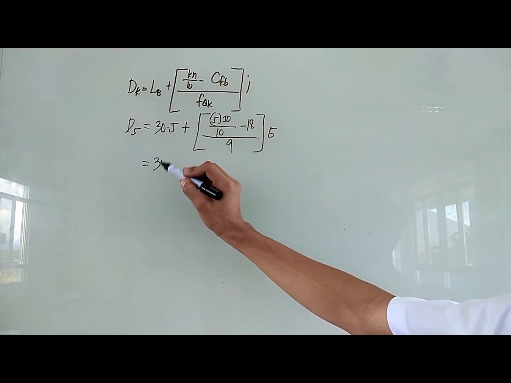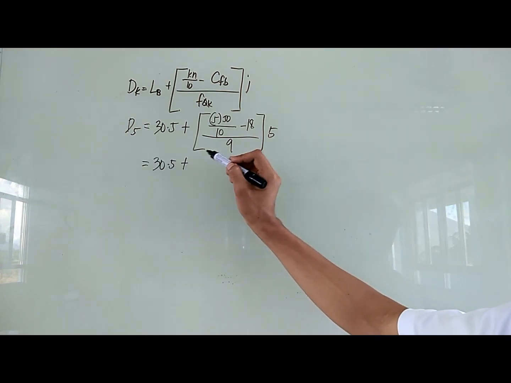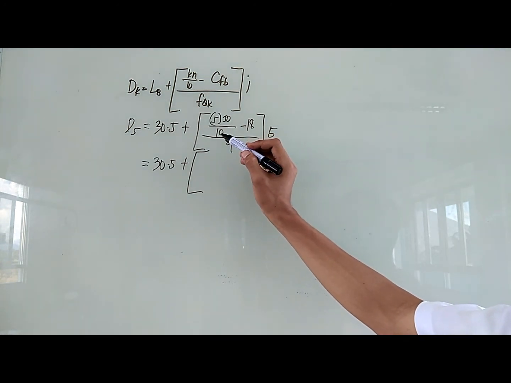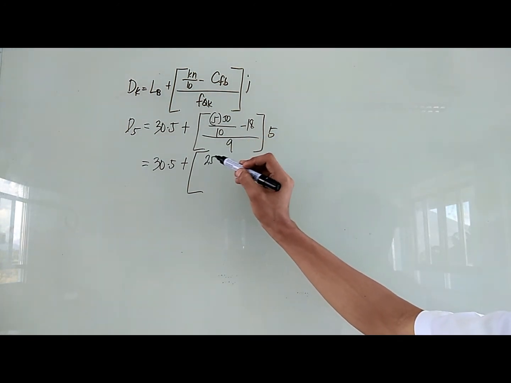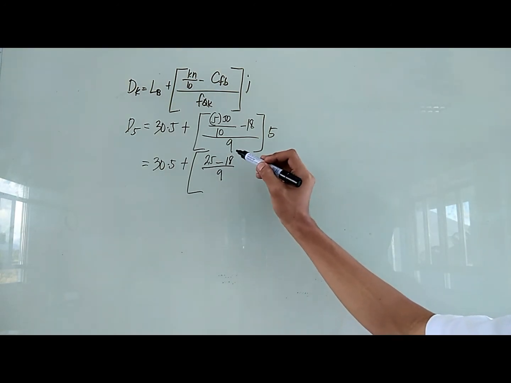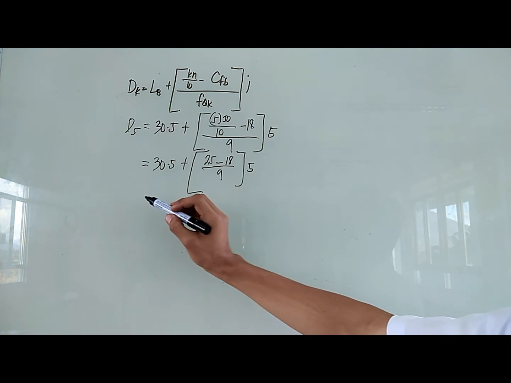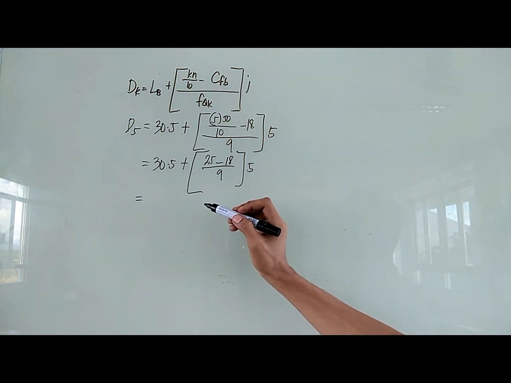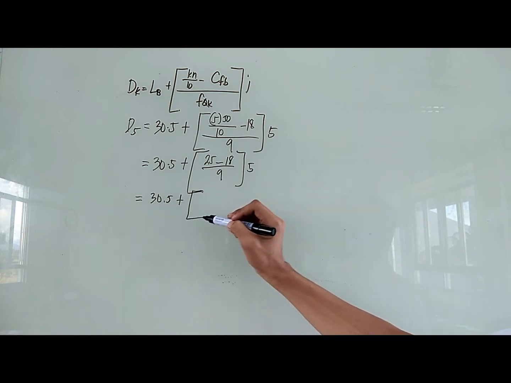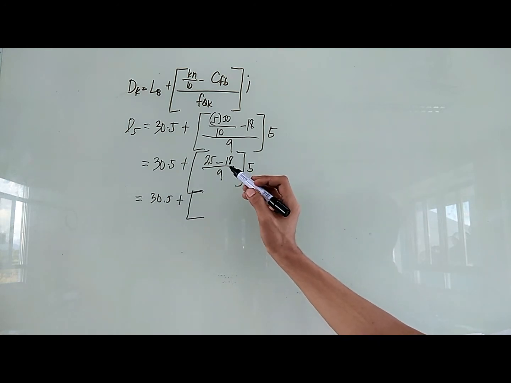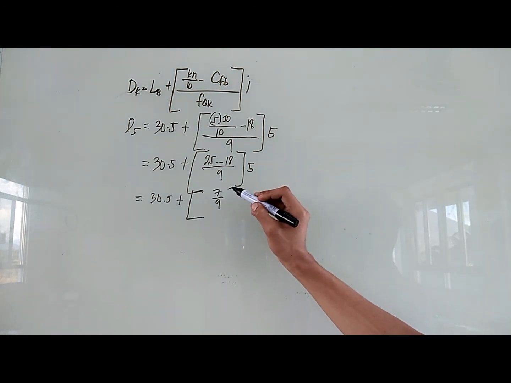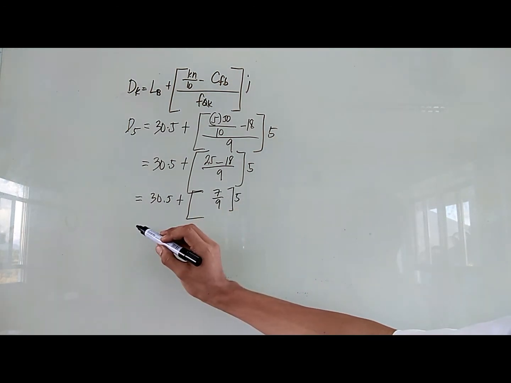D5 is equal to 30.5 plus the quantity of 5 times 50 divided by 10, which is equal to 25, minus 18, divided by 9, multiplied by 5. 30.5 plus the quantity of 25 minus 18, which is equal to 7, divided by 9, multiplied by 5.